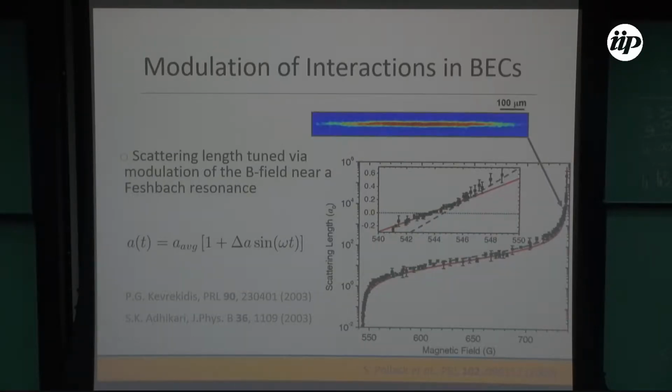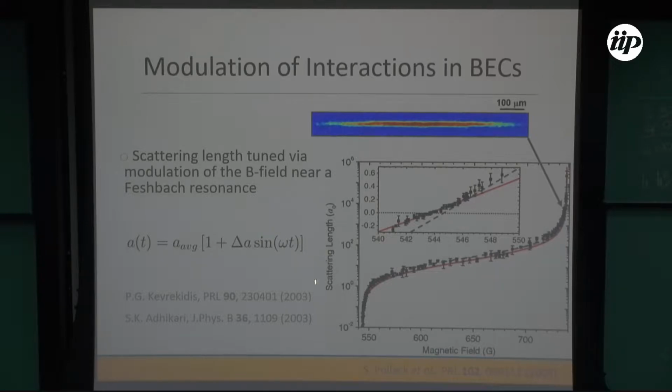Okay, so the interactions in atomic BECs have been found to be widely tunable over several orders of magnitude if you successfully control and tune them using an external magnetic field adjusted in the proper way.